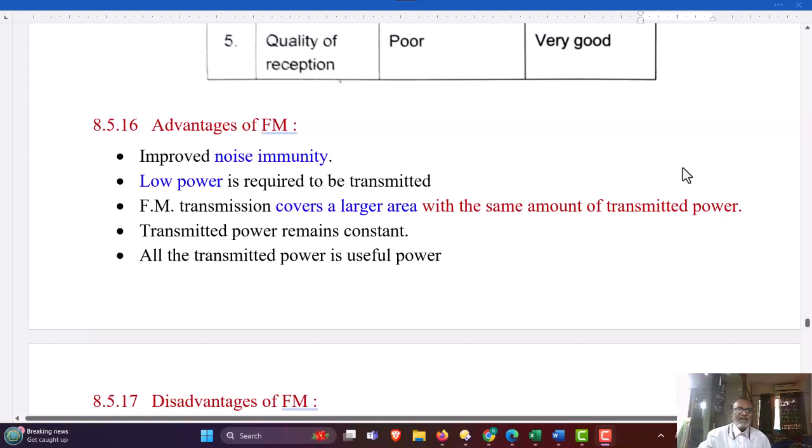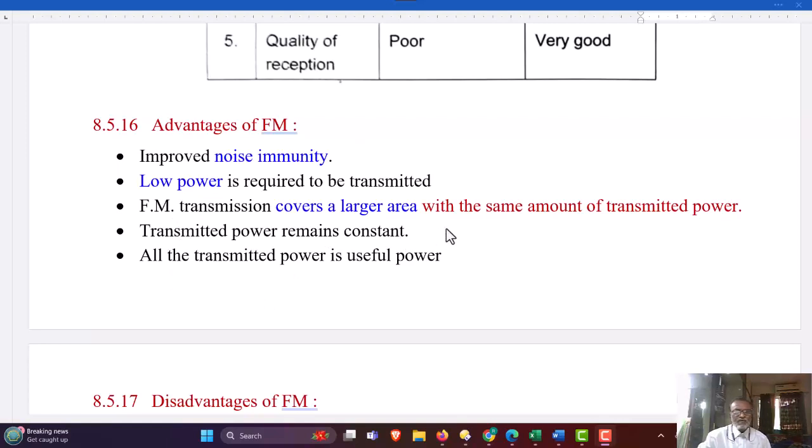Various advantages of FM are listed here. Whatever we have listed in the comparison table, the same thing is listed here. FM has advantages over AM because FM has good noise immunity. FM requires low power for transmission.